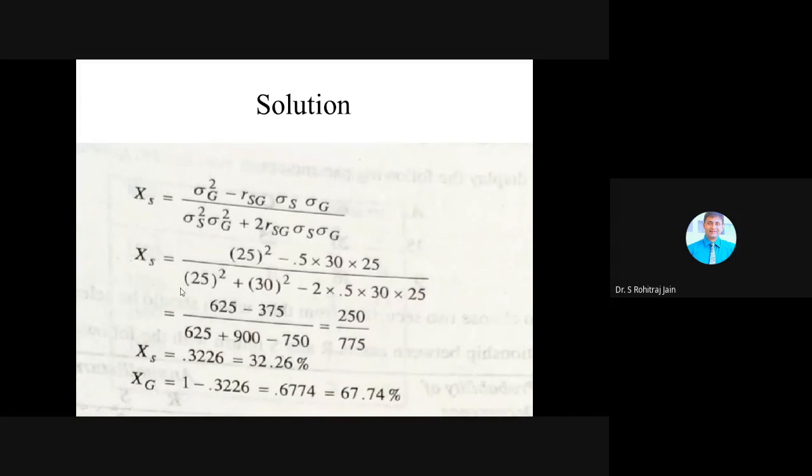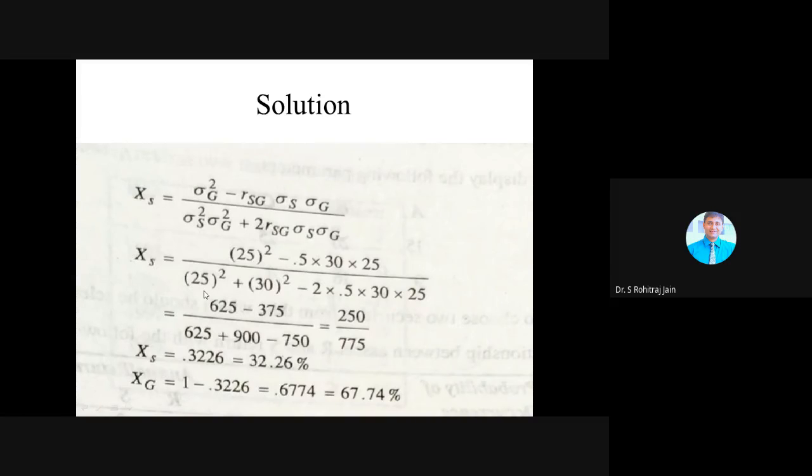Okay, so when I do this, I request all of you to do it. So 25 square is how much? 625 minus 30 into 25 into 0.5, which is equal to 375 in the numerator. Similarly, 25 square is 625 plus 30 square is 900.